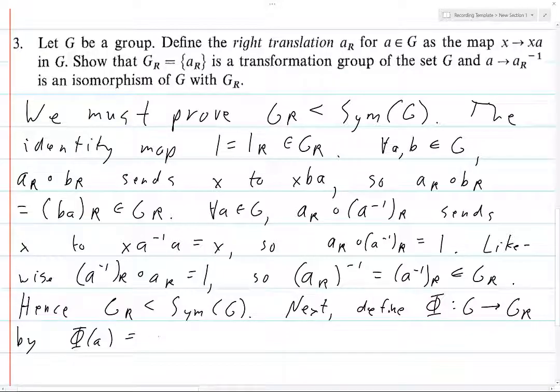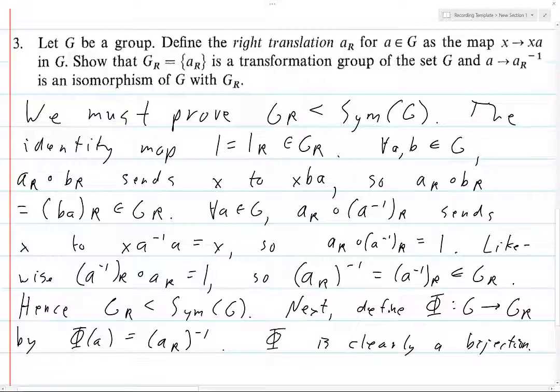So define this by a_R inverse. So this is the inverse of the map a_R, and not the element (a inverse)_R. This is clearly a bijection, or rather phi is clearly a bijection.